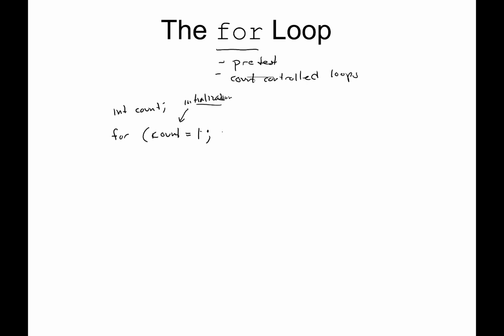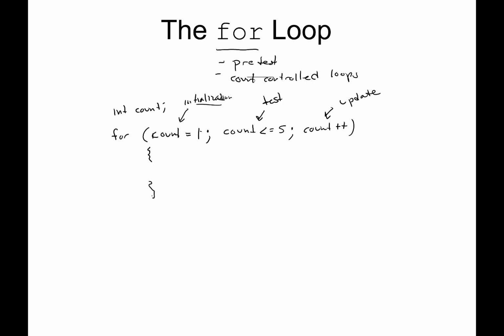Then you're going to have some conditional or test statement. So let's say count less than or equal to 5. This is going to be our test. And then we're going to have an update. What I mean by that is we might have count plus plus here. So this is our update.